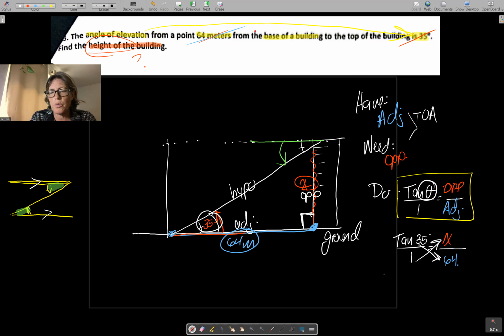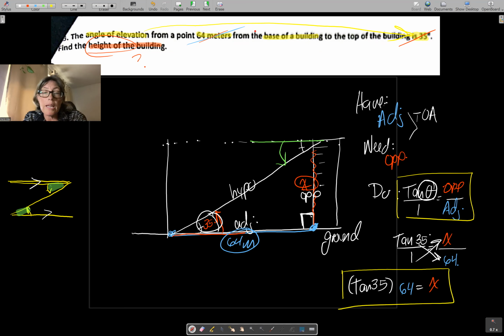So I'm going to do tan 35 times 64 equals x. You put that in your calculator. Tan 35 times 64, round to wherever your teacher wants you to round, and then go from there.